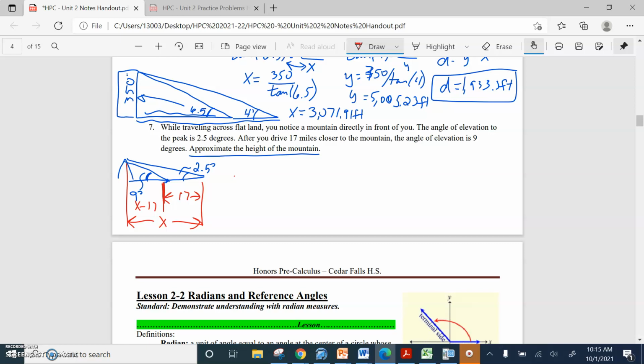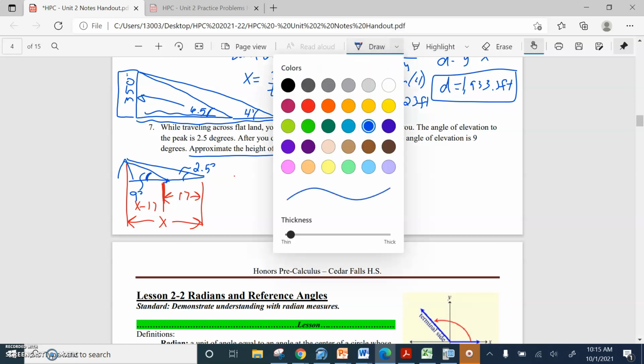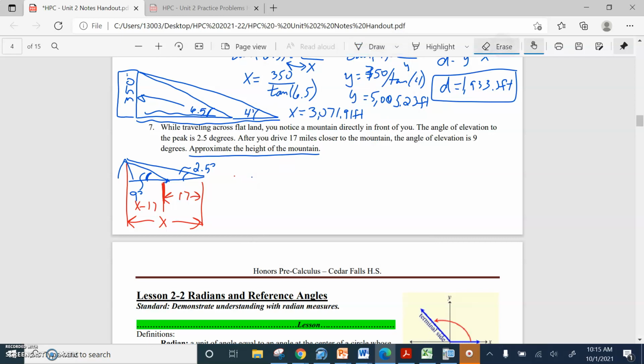Now when we go to draw our triangles, I'll redraw that. Let's draw the two triangles out. So mountain, first observation is x, h, and 2.5 degrees.